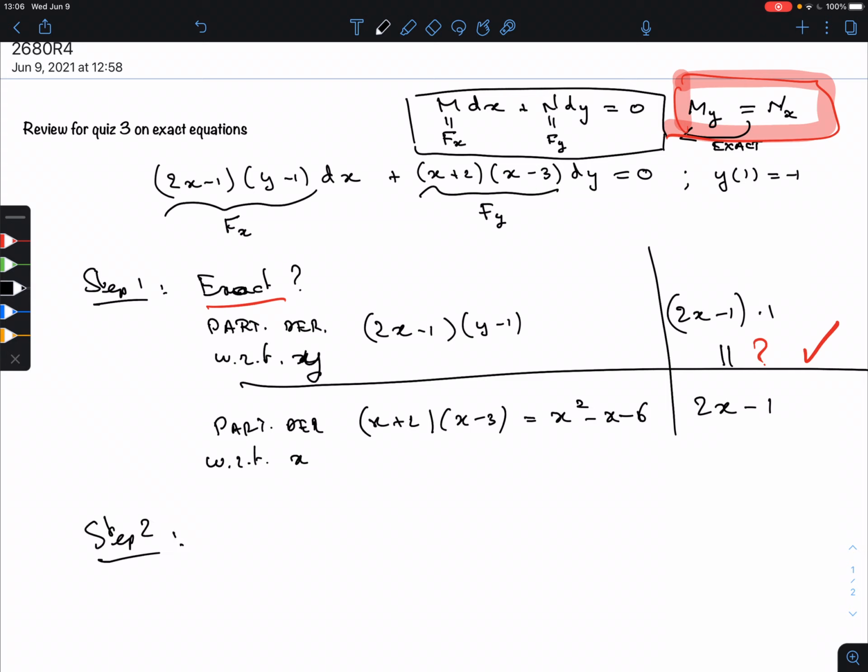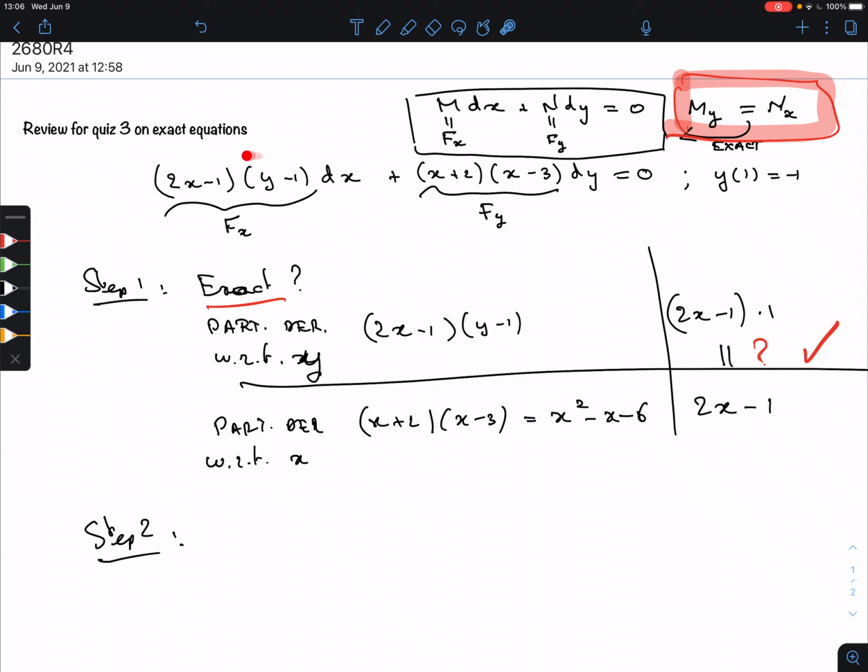Well, according to what we know, there's an f so that if you take the partial derivative of f with respect to x, you get this. And the same here, if you take the partial derivative with respect to y, you should get this. Now, there are two things you could do.